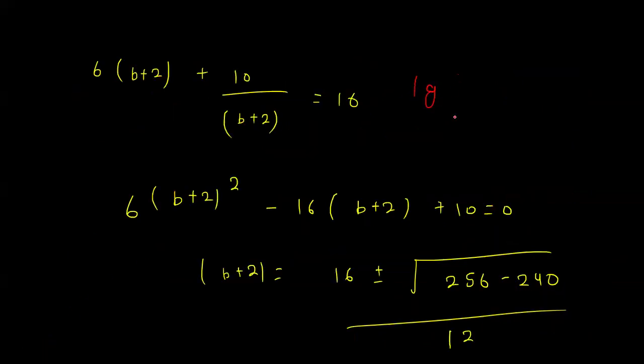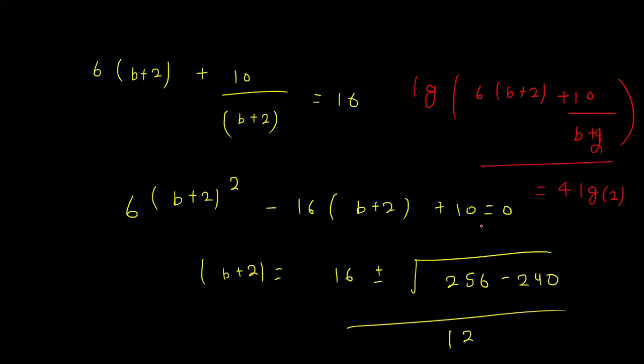logarithm in two ways, like log of 6 of b plus 2 plus 10 divided by b plus 2, and this equals 4 times lg2. From here you can take it to the power, so it will become log of 16. Then you can equate these two.